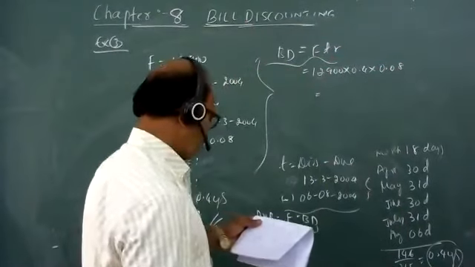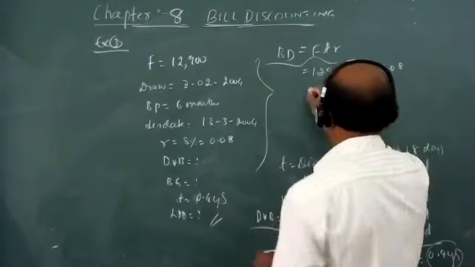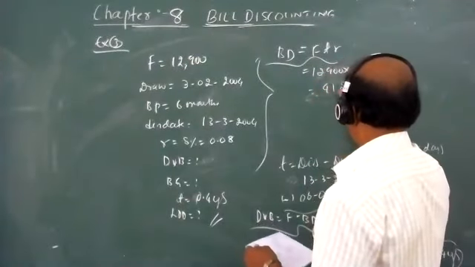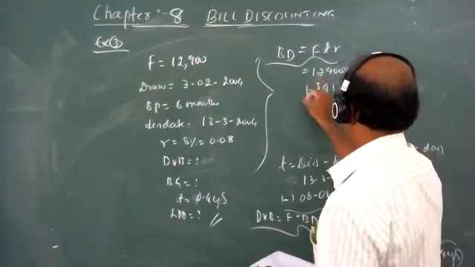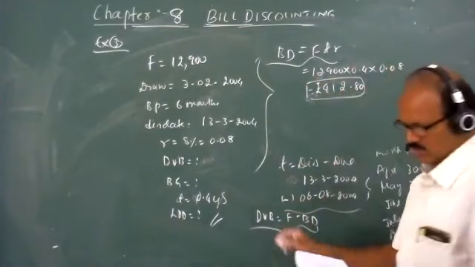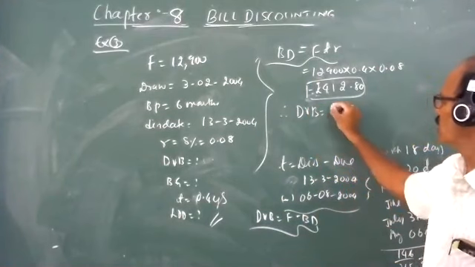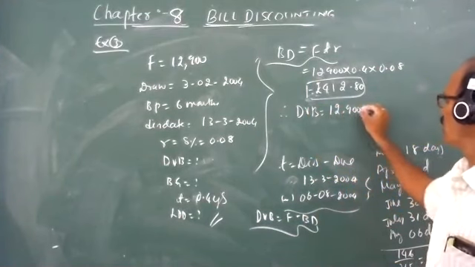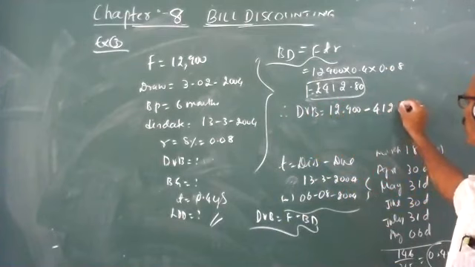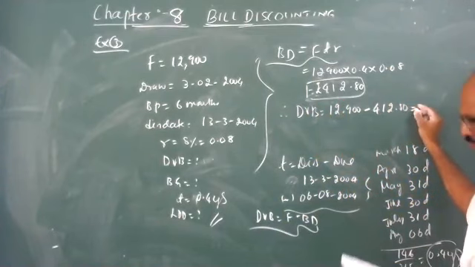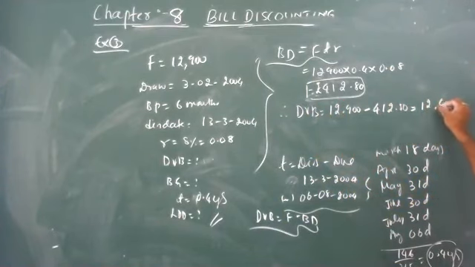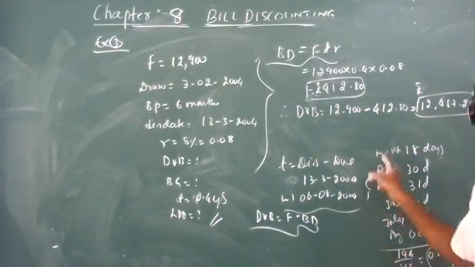You calculate, that becomes 412.80. Therefore, what will the discount value be? That is 12,900 minus 412.80. That becomes 12,487.20. This is the discount value of the bill.